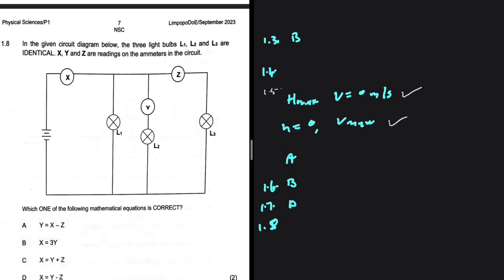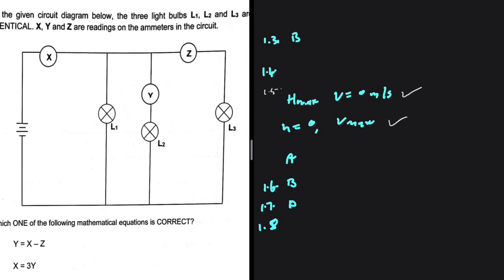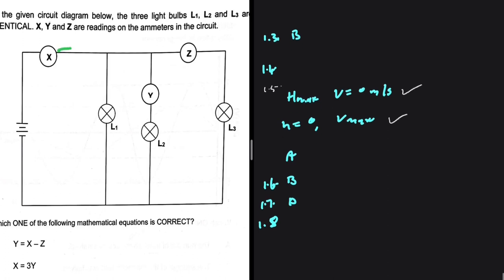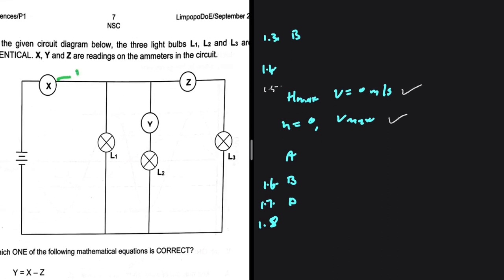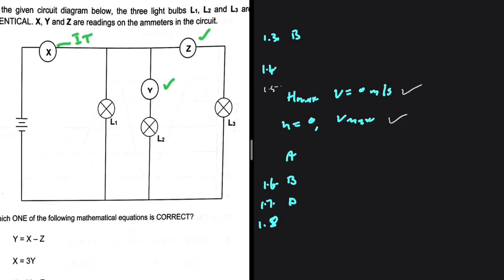What I'm realizing very quickly is that at X, we have total current. So this is IT. Our three bulbs are identical, so the current is divided proportionally. The reading on Y is equal to the reading on Z. We don't have a reading on L1, but I don't think that will hinder us from reaching a conclusion.